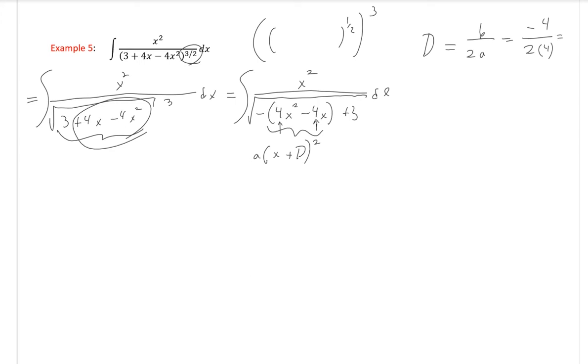So that's going to be negative 4 over 8, which is negative 1/2. So we get the integral of x squared over, with the dx on the outside, minus, if we pull a out, which is 4, we get minus 4 times (x minus 1/2) squared plus 3.